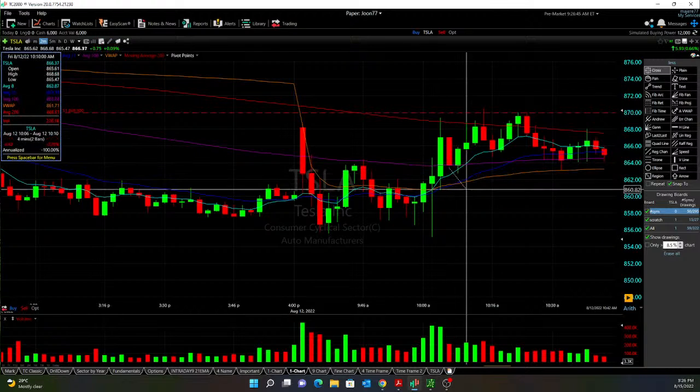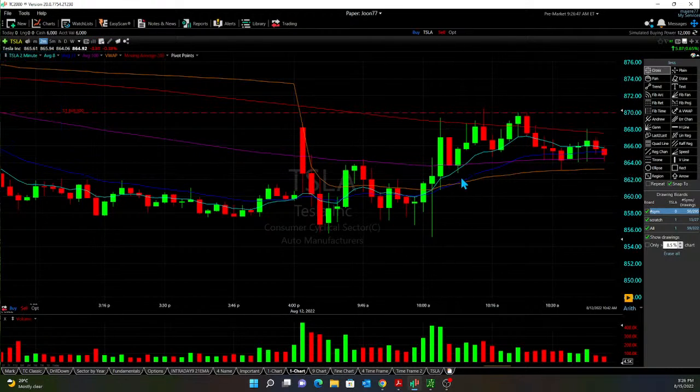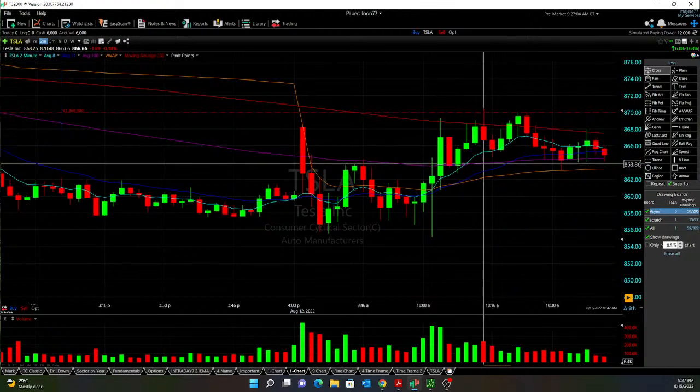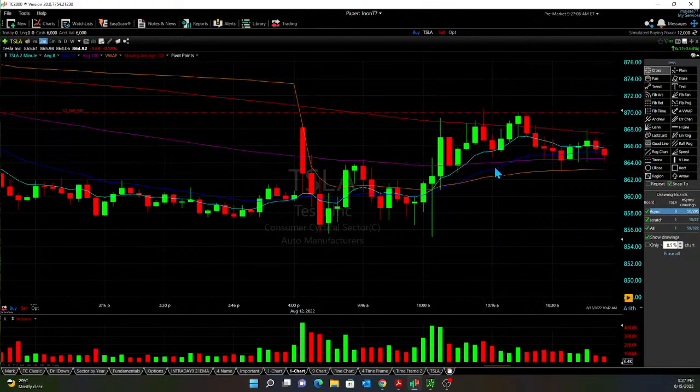This light blue, this dark blue, and this magenta purple are moving averages, specifically exponential moving averages, and they each represent 8, 21, and 100, in light blue, dark blue, and magenta.